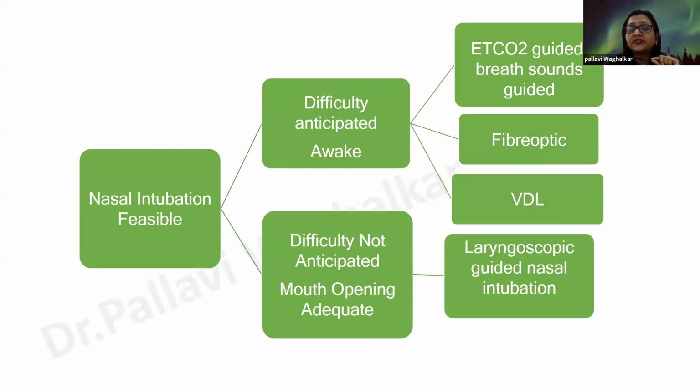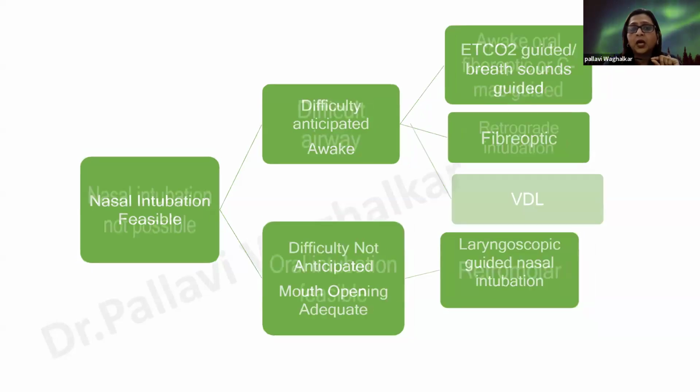If difficulty is not anticipated and mouth opening is adequate, then we can go ahead with normal laryngoscopy guided nasal intubation. But if there is difficulty anticipated, restricted mouth opening, or obese patients, then awake intubation is preferred, either fiber optic, VDL, or ETCO2 guided, breath sound guided.